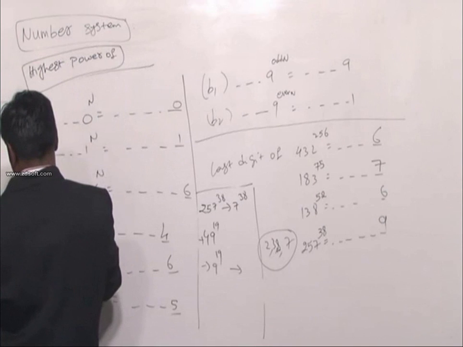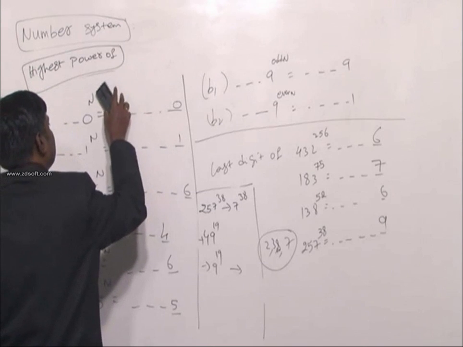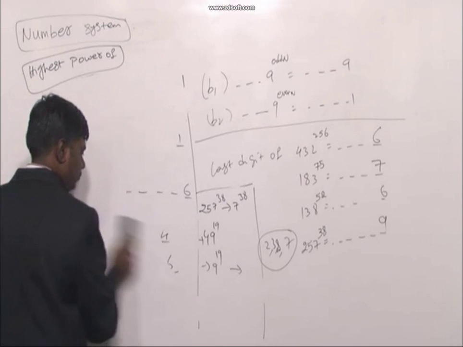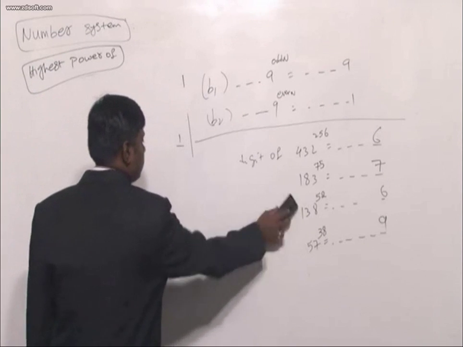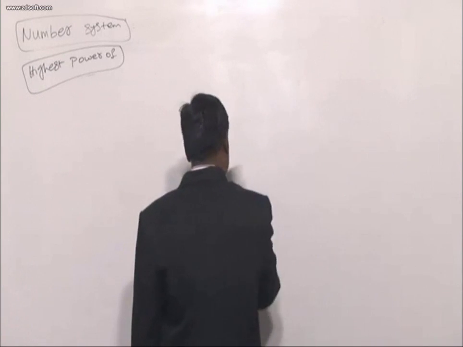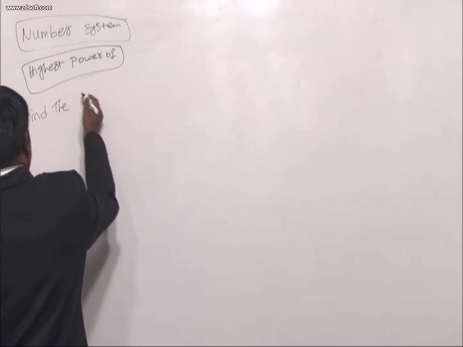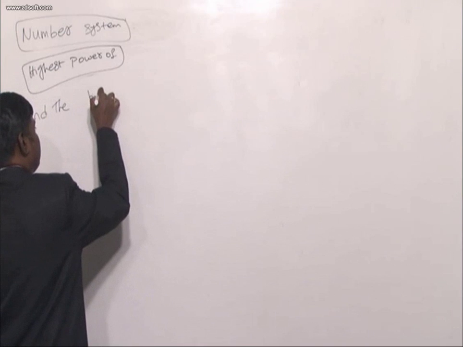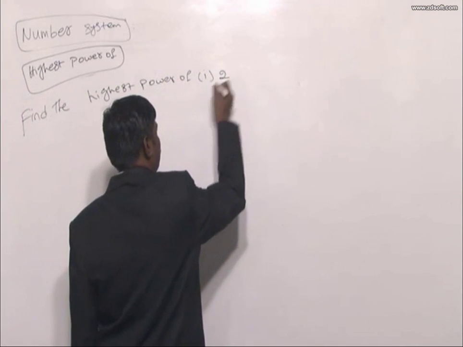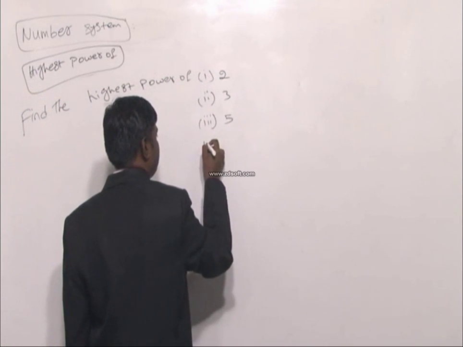Let us consider next category, highest power of. Find the highest power of 2, 3, 5, 10.